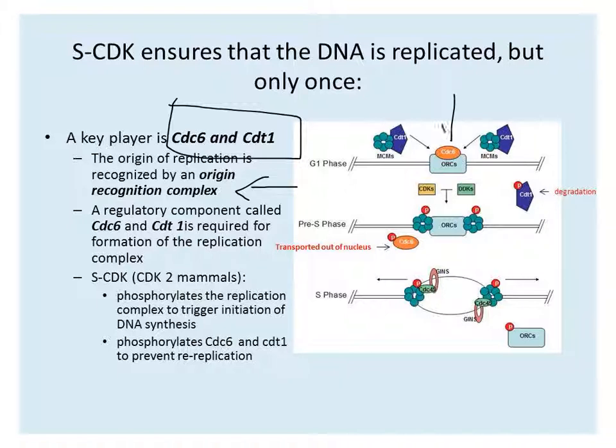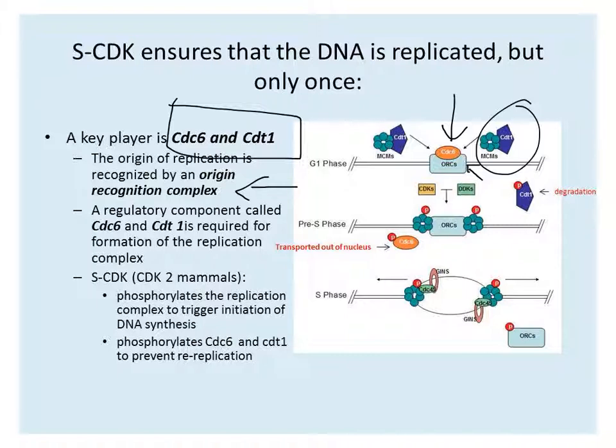Some of these important complexes, discovered both in yeast and mammals, include the origin recognition complex, which is shown here, and there are different proteins that bind to this complex, one of which is CDC6, and another important protein called CDT1, and it helps bring what are called MCM complexes to the site.